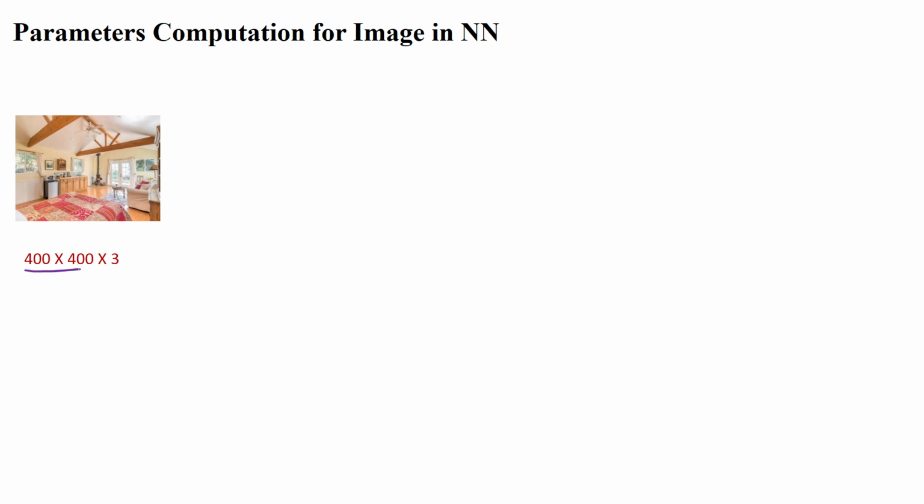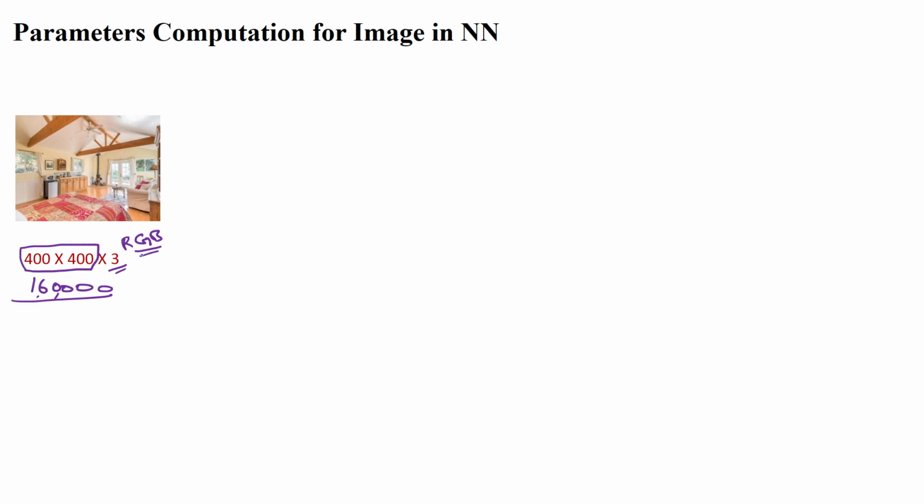Here the input size is 400 by 400, so we have 160,000 features, that is 160k, not 16k. Then it has three channels, RGB.